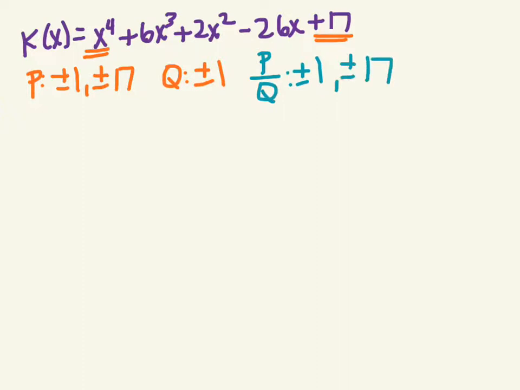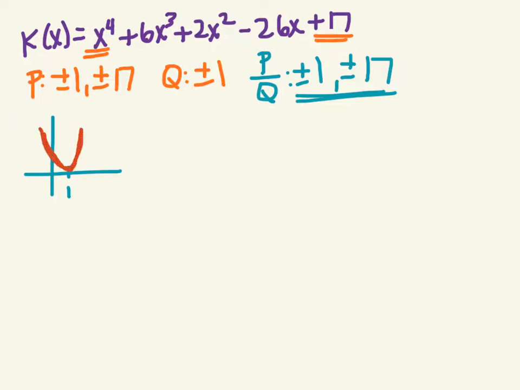From here, you're going to use your graphing calculator, graph the original function, and know that if there are any rational roots for this polynomial, which we would need in order to use synthetic division, it's only going to be at 1 or -1 or 17 and -17. When you graph this, the only place where you see it touch the x-axis is at 1, and it just touches the x-axis like this.